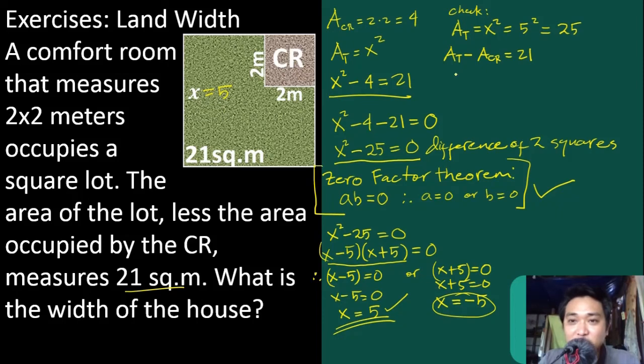So that will be 25 minus, what is the area of the CR? Sinolve na natin yan kanina, the area for our CR is 2 times 2, so that is 4. 25 minus 4 is 21. So our answer is correct.